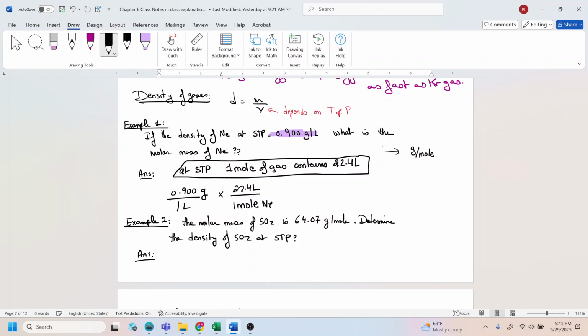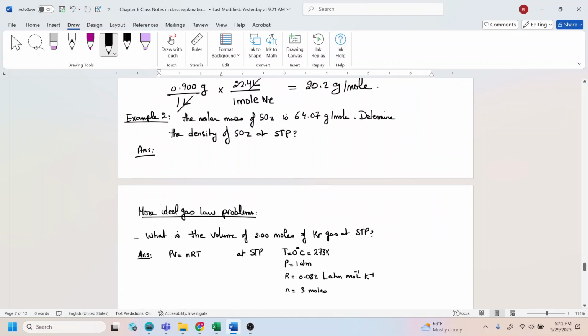So 1 mole of neon gas occupies a volume of 22.4 liters at standard temperature and pressure. That's it. I can cancel my liters, and my answer is going to be in grams per mole.